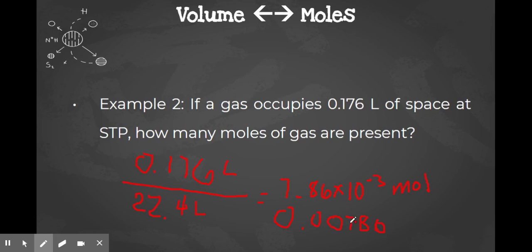And if I wrote it the other way, that would be just 0.008. So this is a little bit more accurate. We always like to write in scientific notation whenever possible. So don't write it that way, but write it this way. 7.86 times 10 to the negative third moles if a gas occupies 0.176 liters of space. So again, you're just using that conversion factor. You divide when they're the same, you multiply when they're different, and that will get you your converting.